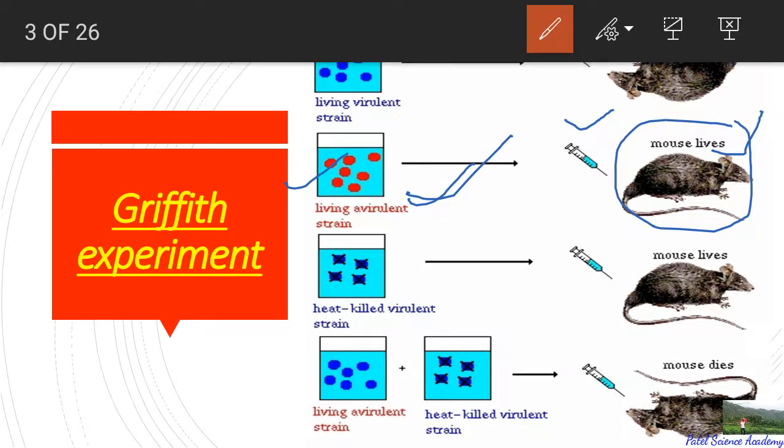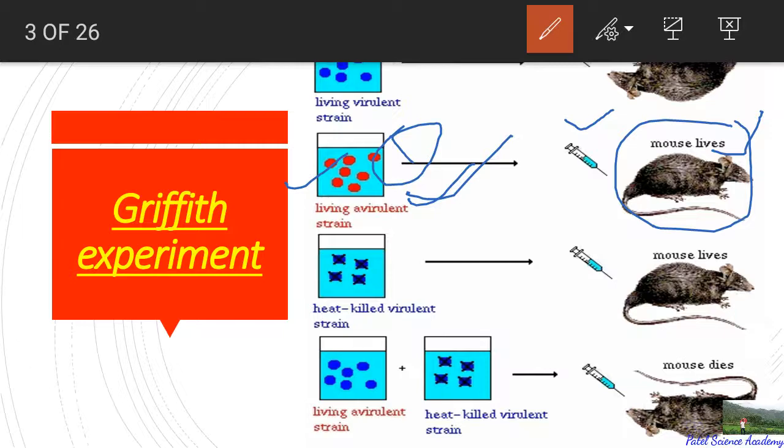Mice survived, there was no pneumonia disease, and because of no pneumonia, mice were normal. So this is the first step of the Griffith experiment.